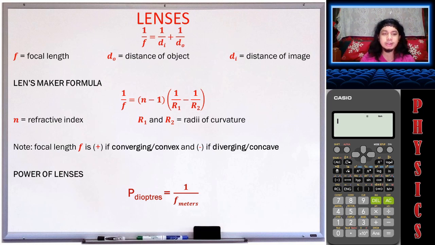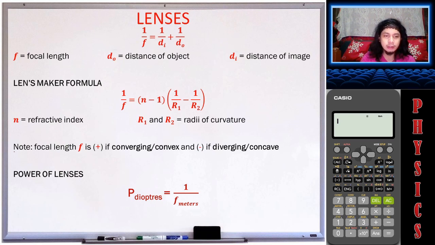Pero dito muna tayo sa sunod na formula, the Lensmaker equation: 1 over f equals n minus 1 times 1 over R1 minus 1 over R2, where R1 and R2 are the radii of curvature and n is the refractive index of the lens. Lensmaker formula at itong general formula for lenses and mirror, pwede silang i-equate depende sa given at hinahanap sa problem.